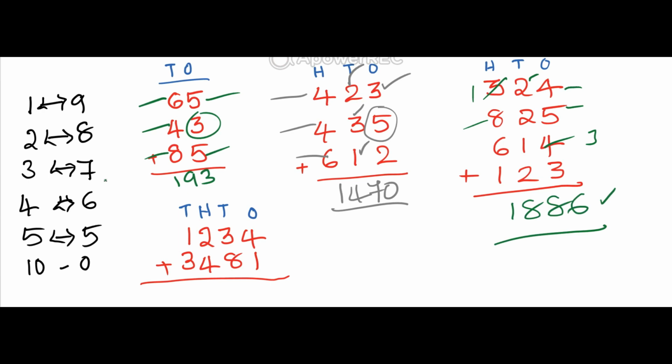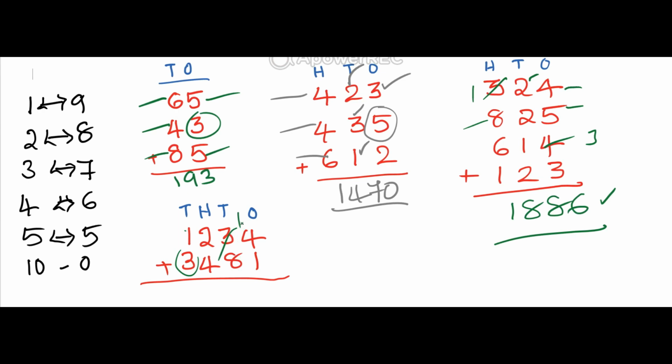Now coming to 4-digit addition. See, same, ones, tens, hundreds, thousands. So from left to right we have to go. See, 3000, 4000, 4600, 4700, because this is tens, 10 times 100.